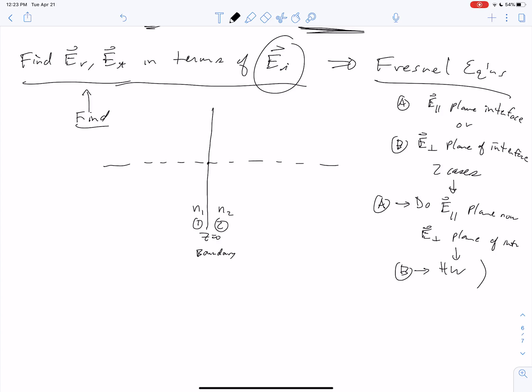And now let's draw the wave coming in. That's the incident wave. And now the wave coming out, that's the reflected wave, sorry. And now the transmitted wave. And this angle is the angle of incidence, the reflected angle, and the transmitted angle.